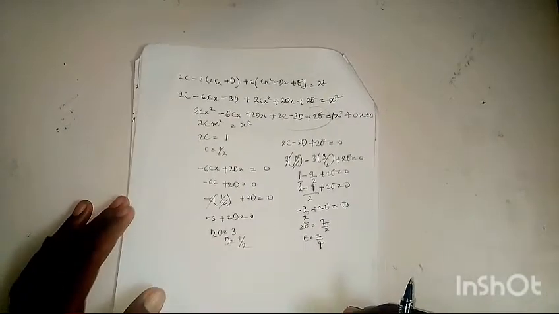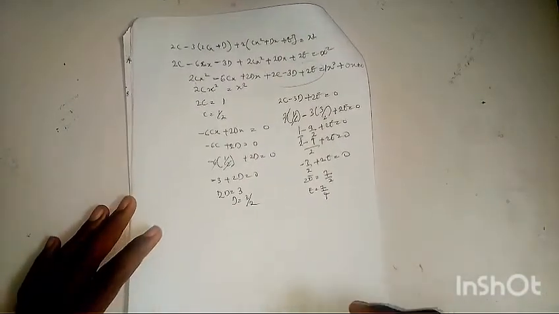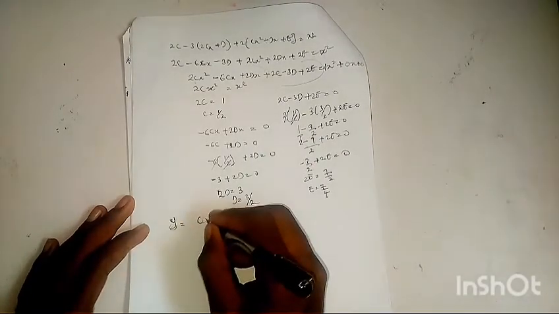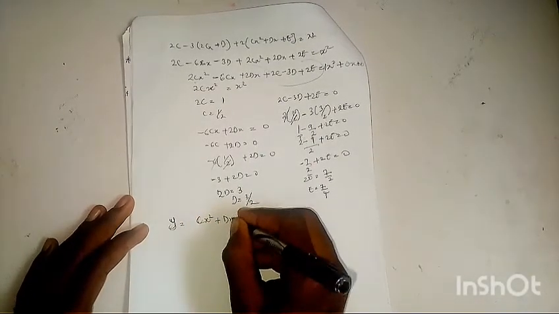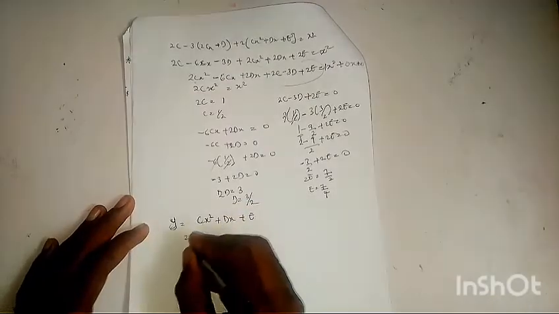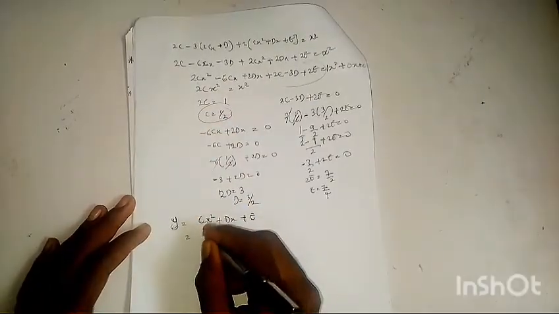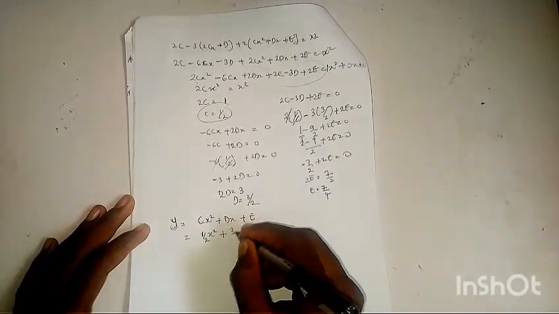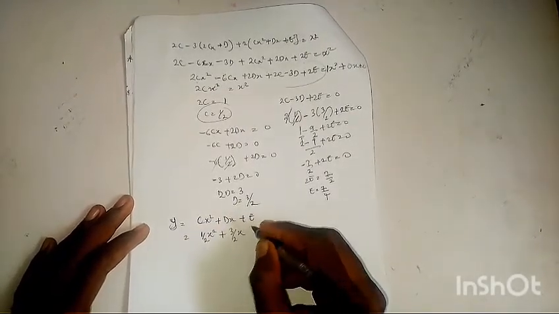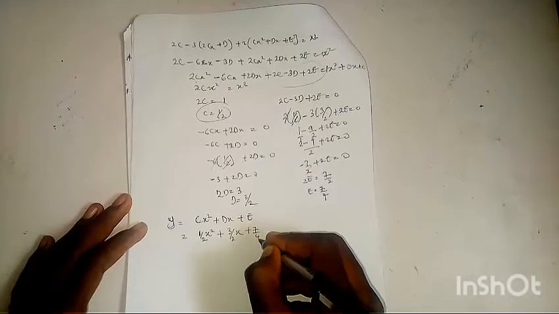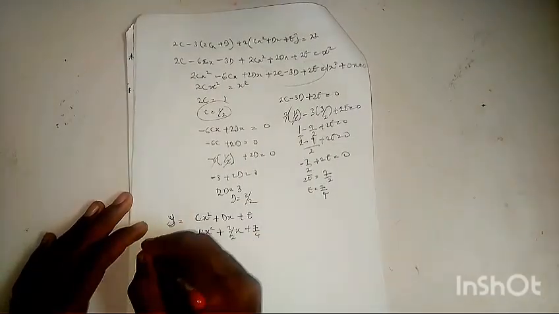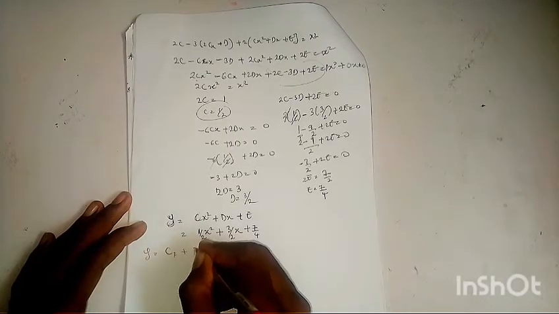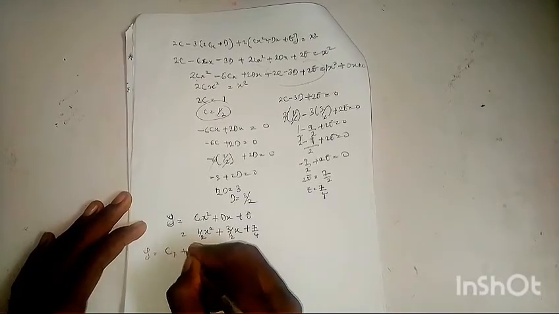So now my particular function, which we took as our general form cx squared plus dx plus e, will be equal to, my c is 1 over 2 x squared, my d is 3 over 2 x, and my e is equal to 7 over 4. So my general solution to the differential equation will be my complementary function plus my particular function.